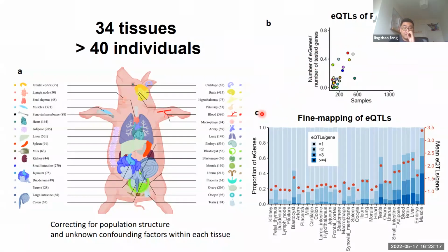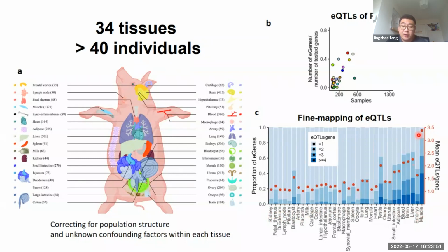Then we looked at whether we can detect independent signals for each gene, in other words, whether any gene has more than one independent QTL associated with its expression. We indicated this as 1, 2, 3, or fewer than 4 probably. The tissues are ordered by sample size from the smallest to the largest, and the largest is muscle.